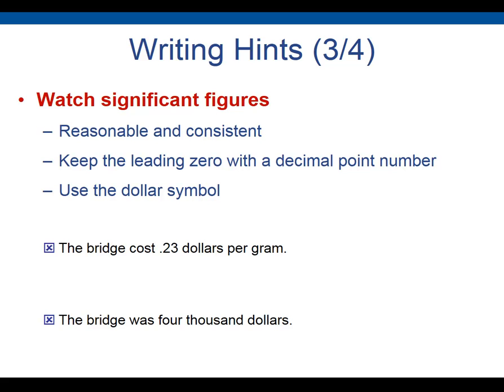Okay, let's practice. Watch the significant figures. Keep the leading 0 with decimal point numbers. You can see the bridge cost $.23 per gram, $2-3 per gram. What is the problem with these sentences?